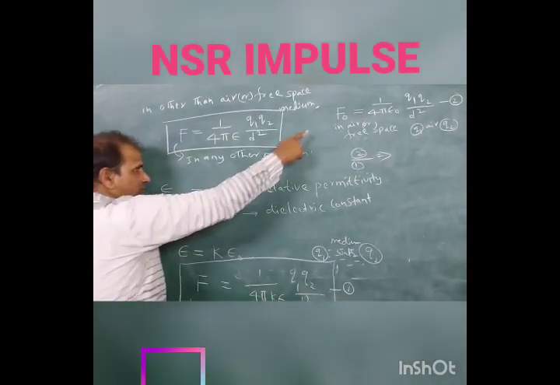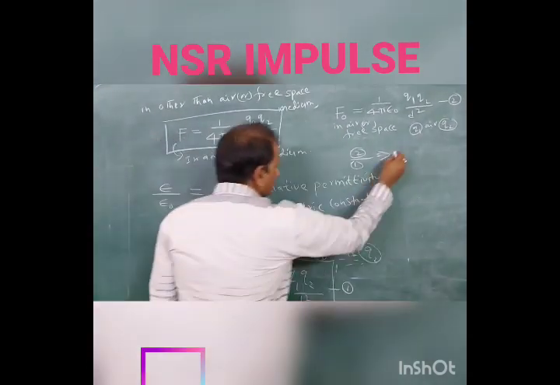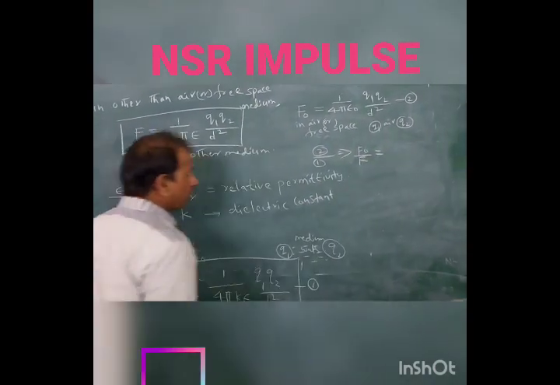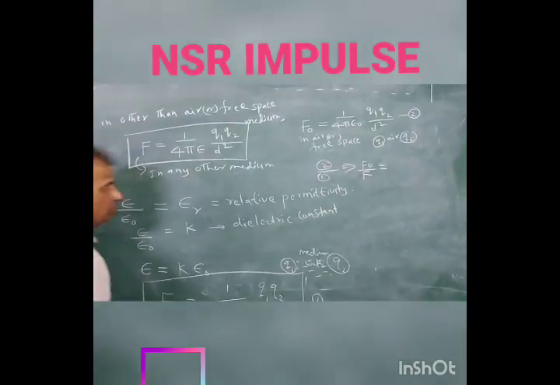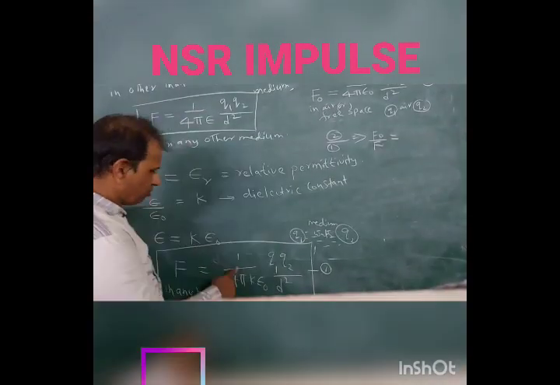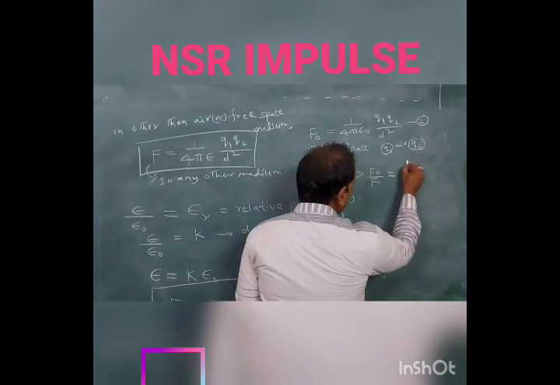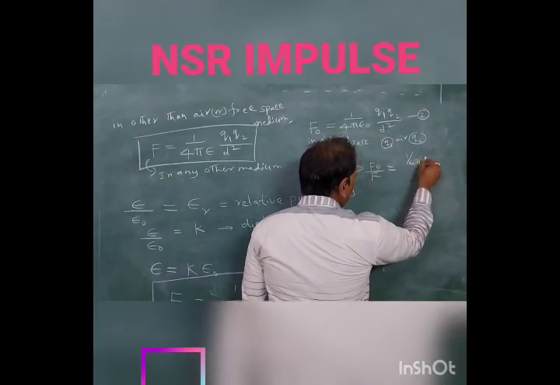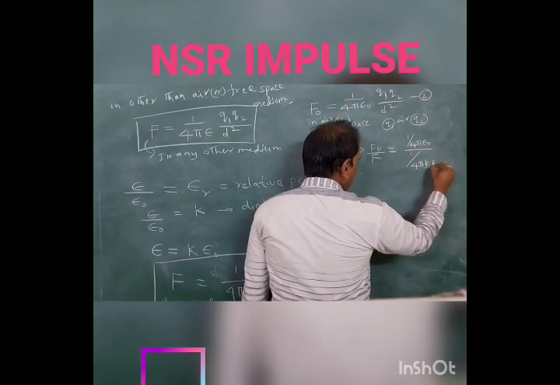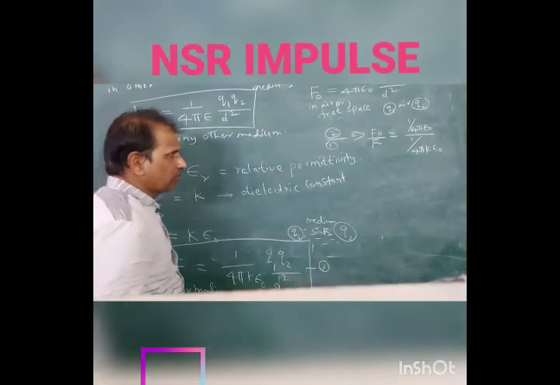What is the left hand side of the second equation? F0, and here F. So F0 by F is equal to 1 by 4 pi epsilon naught over 1 by 4 pi K epsilon naught, times Q1 Q2 by d square over Q1 Q2 by d square.